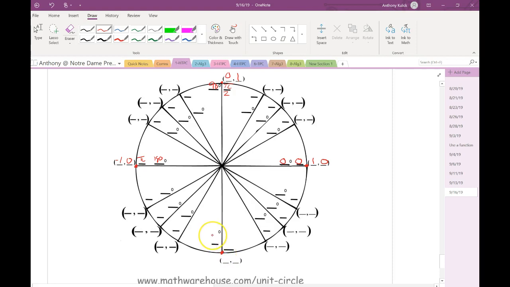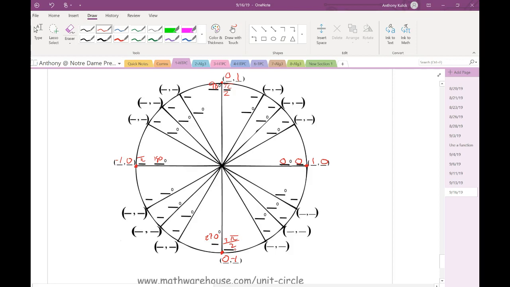And we'll skip down to here. This is what degrees? 270, or in terms of radians, 3 pi over 2. And what is this point? 0, -1. Multiples of 90, right? 90, 180, 270. Everybody's okay with that? All right.